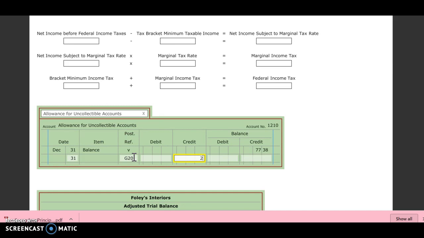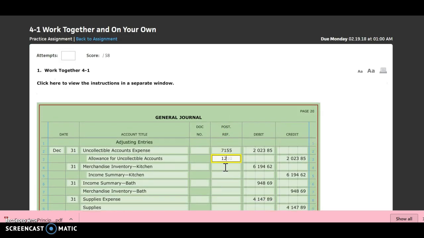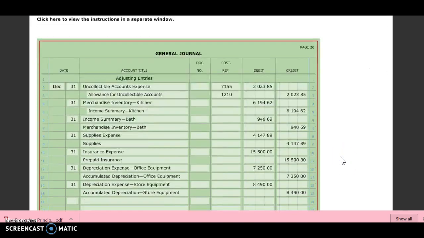We have a credit of 2,023.85, and we need to find a new balance. Our new balance should be 2101.23. Account number 1220 goes back up. I can't talk today. 1210 should be there.